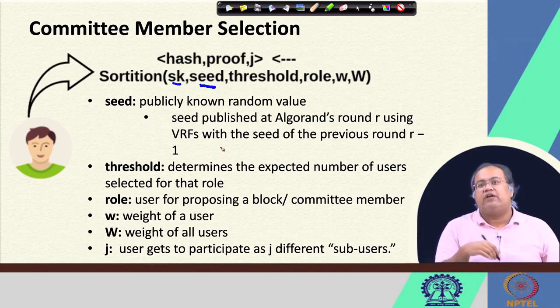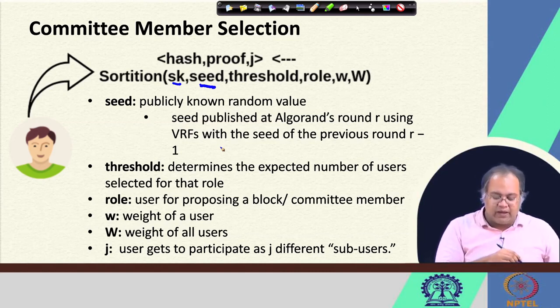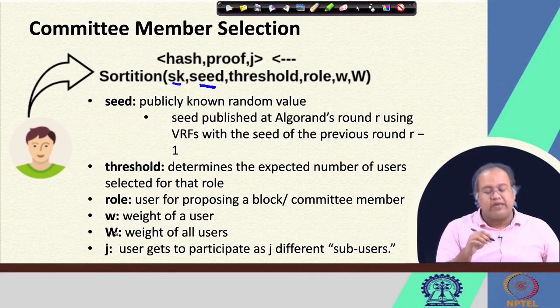If I am going to select a committee of 100 members, the threshold would be set to 100. Then role, which determines whether this VRF is being executed for proposing a block or for being a part of the committee. W is the weight of the user, and capital W is the weight of all users.